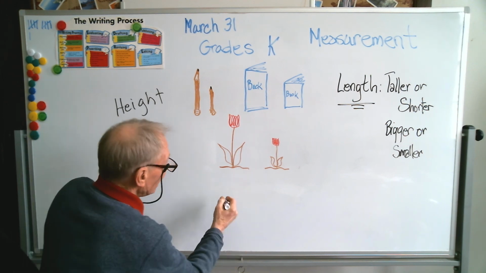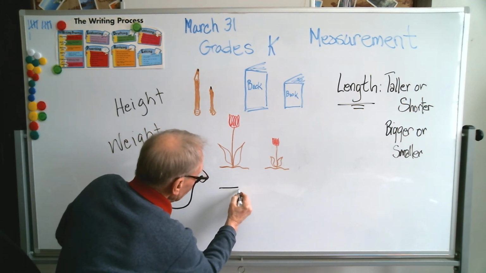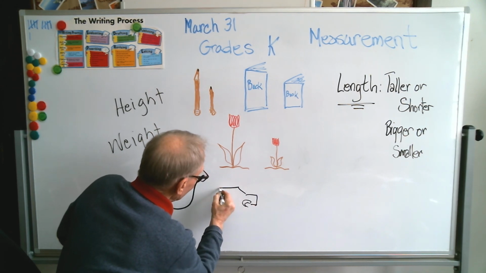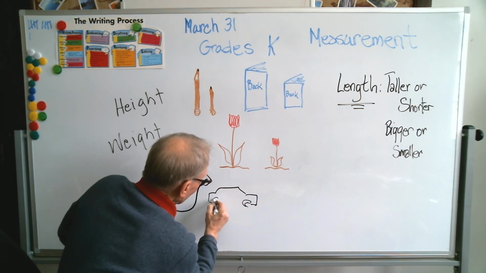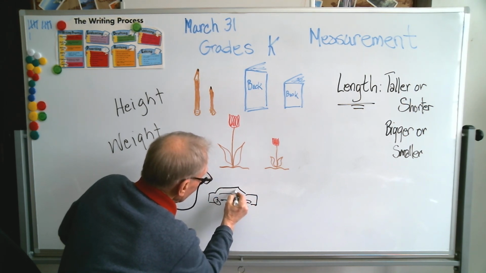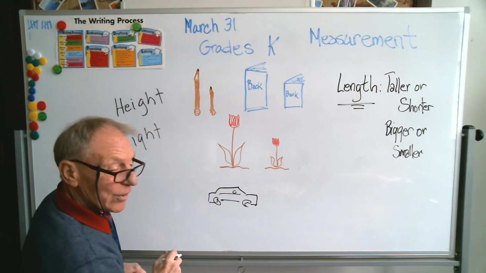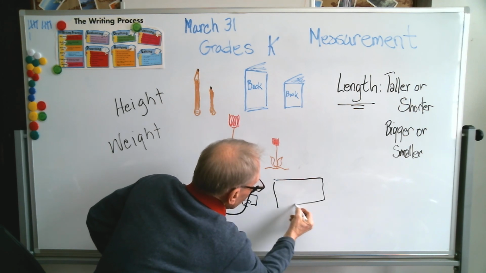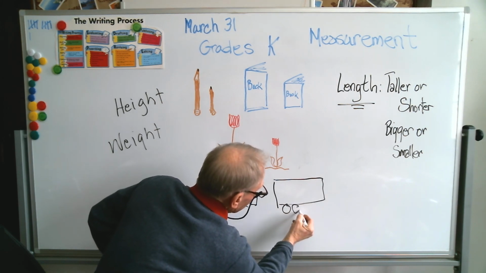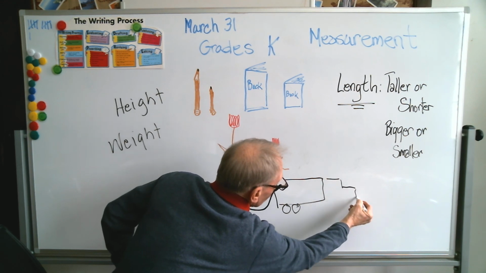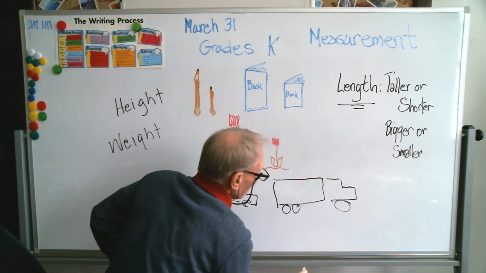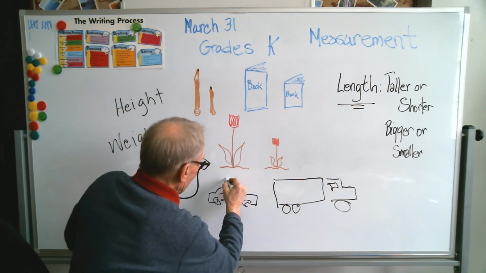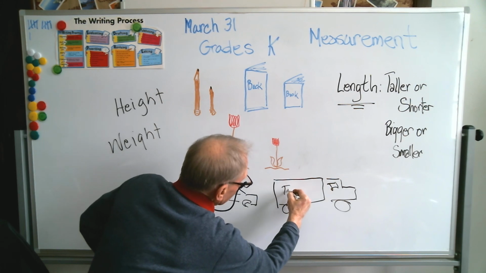For example, here you are in your car, driving down the road, and you come upon a great big truck with lots of wheels. So here we have a car, and here we have a truck.